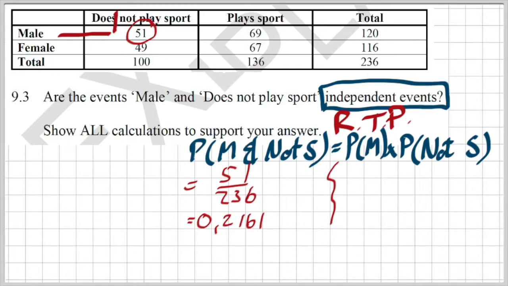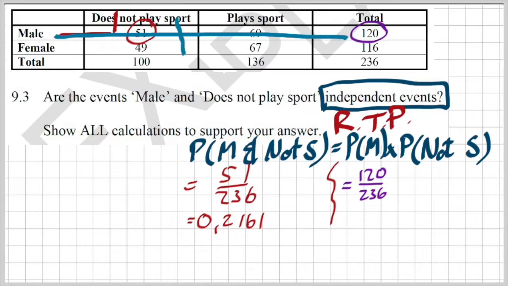Again, there's nothing stopping my line, so it's 120 over 236. And not sport: there's nothing that stops it going down, so that is going to be 100 over 236. If I multiply the right-hand side, I get 0.2154 dot, dot, dot.